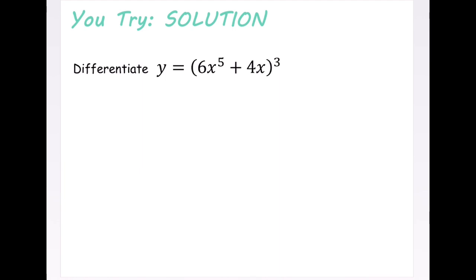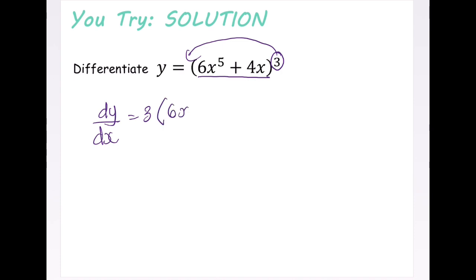Here is your solution. Let's do the quick method here. This is what we're dealing with. So we've got dy by dx equals, there's my 3. Bring that down. So I've got 3, 6x to the power of 5 plus 4x. I want to take 1 away from the power because that's what I would do normally.